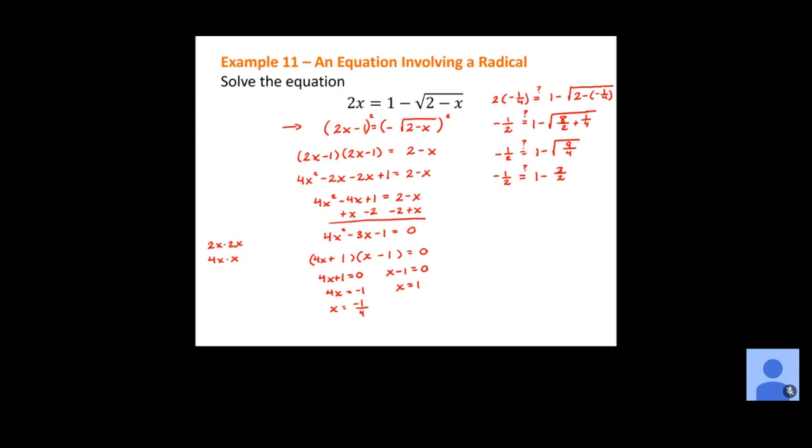And now what's 1 minus 3 over 2? It's going to give us negative 1/2, right? Because 1 would be 2 over 2. And so this gives us negative 1/2. That's what we were trying to get to. So this one actually checks out. And so negative 1/4 actually does work in that equation now.